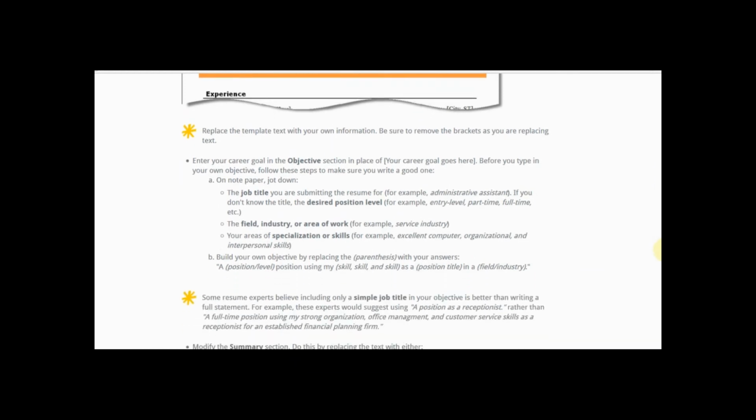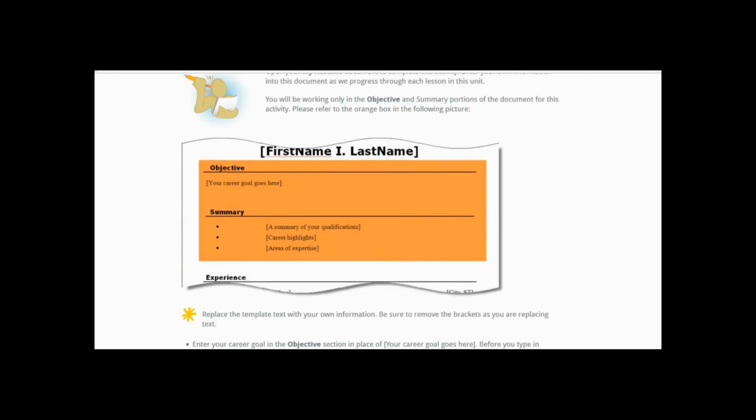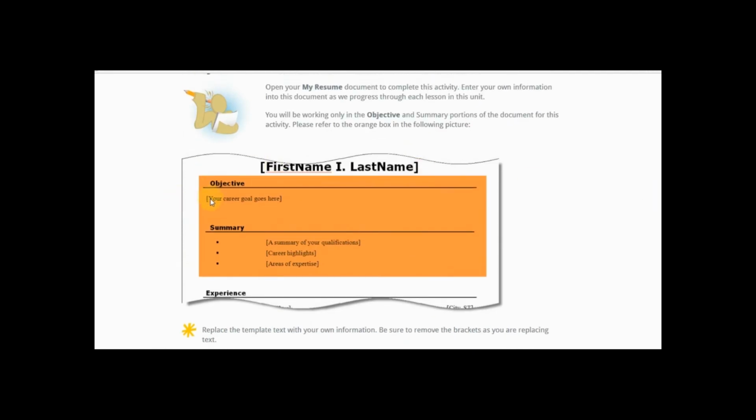Like we did here, we talked about a position as a receptionist. So you come here, you write a position as an administrative assistant. Then when you come here, you just highlight the important things that summarize what is in your resume.